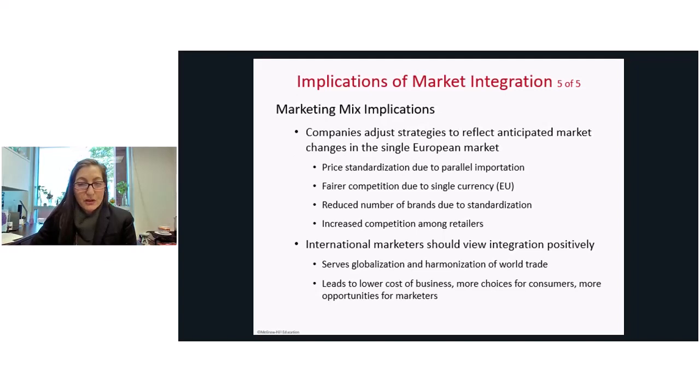They also need to look at reduced number of brands due to standardisation and recognise the increased competition amongst retailers. International marketers should view multinational integration positively because it serves globalisation and harmonisation of world trade, and it leads to lower cost of business, more choice for consumers, and more opportunities for marketers.